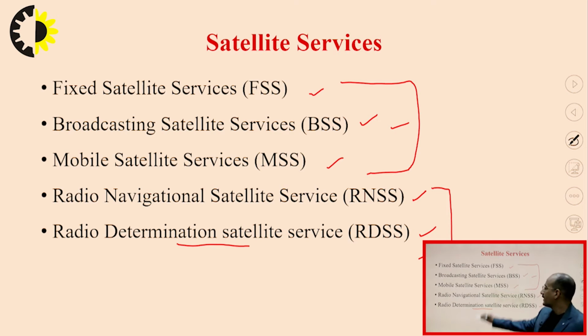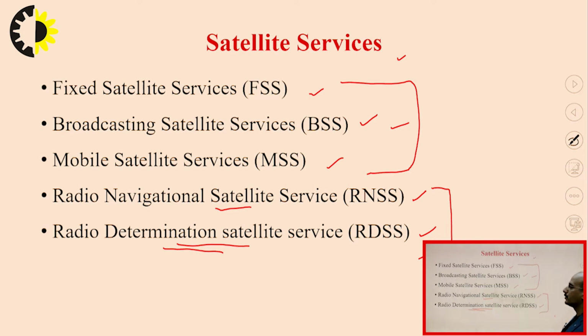It means the navigation satellite service provides tracking, whereas if you determine the condition or position of something, that is going to be used by the radio determination satellite services. Now, these are the basic satellite services, or we can say the major services offered by the satellite. You can now move to the next point.